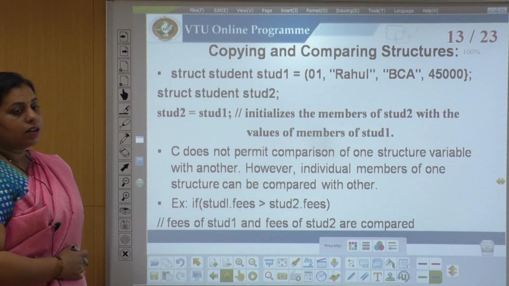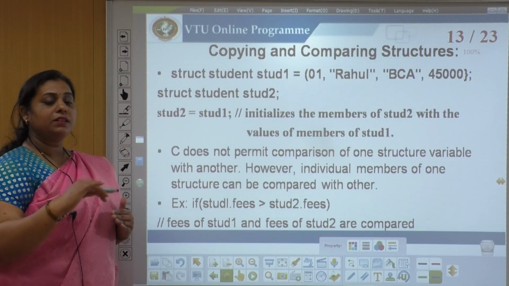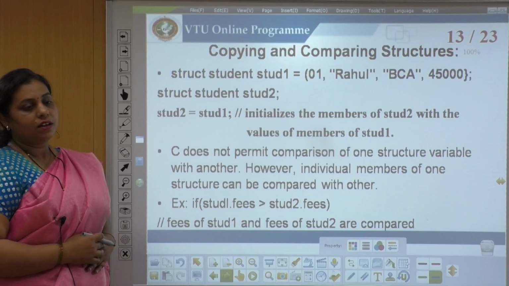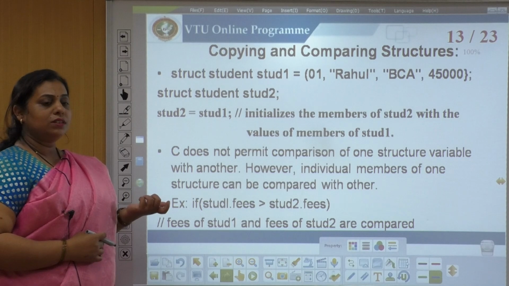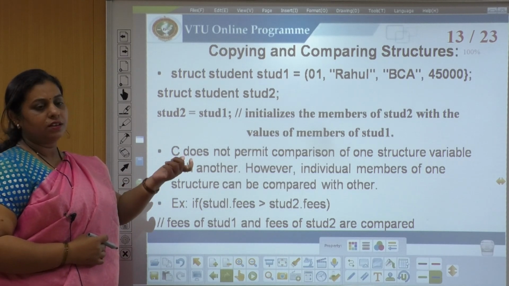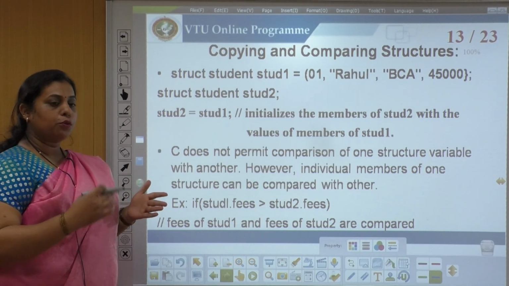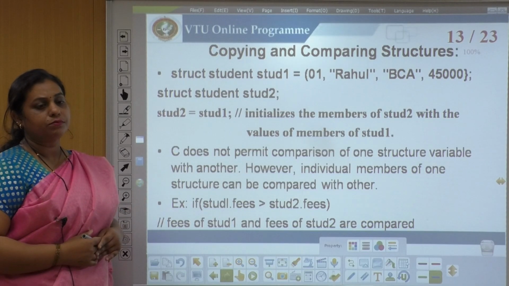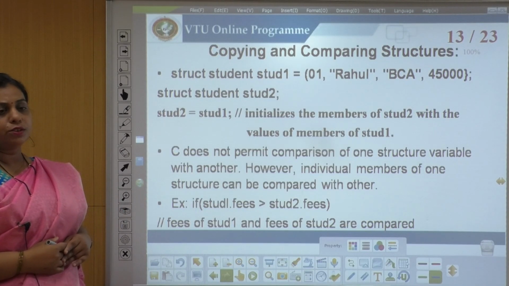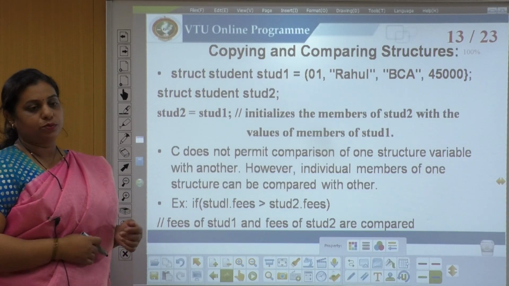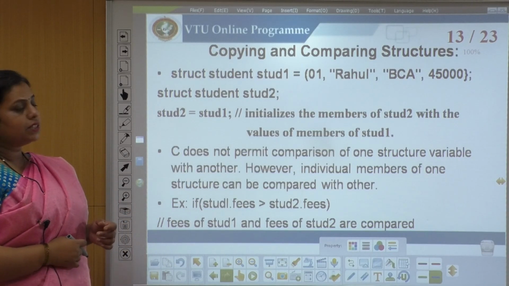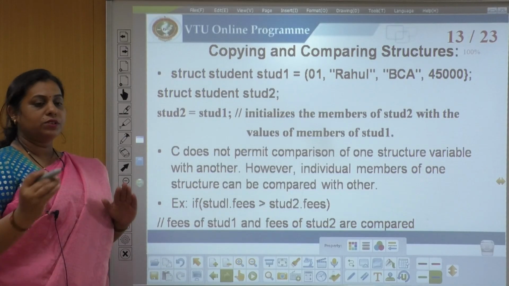Next one is comparing and copying the content of the data structure. Assume that I have information about some particular structure. The same thing has to be copied to the second one. What can I do? I can say structure 2 is equal to structure 1, right? So what happens then?